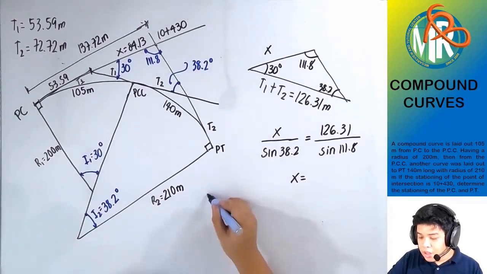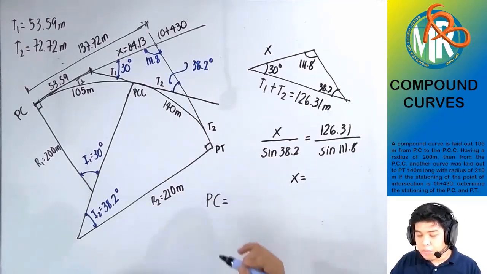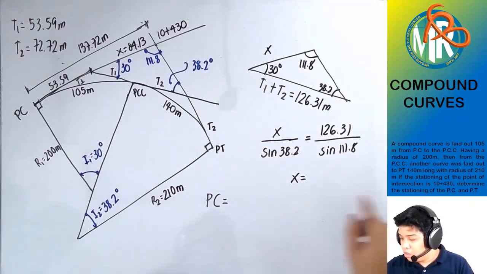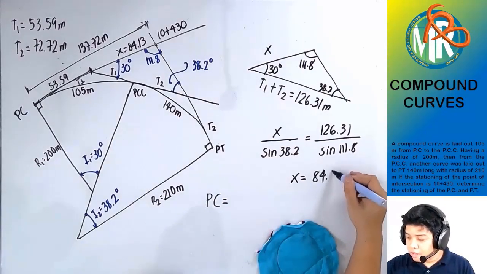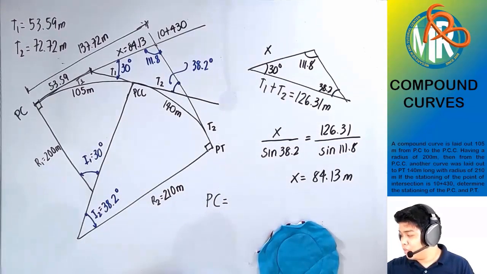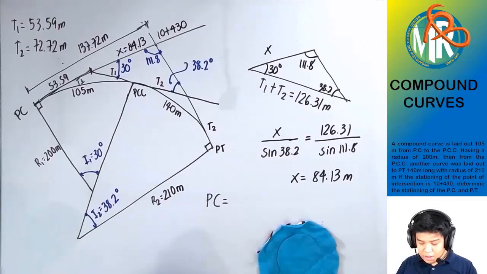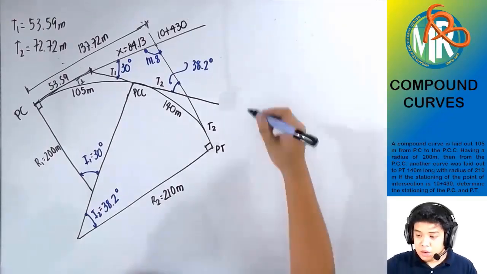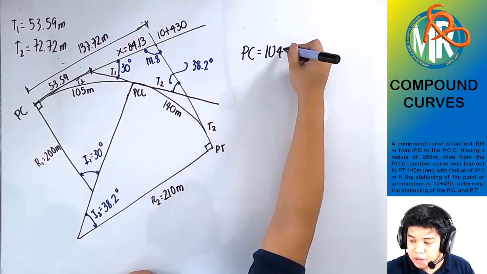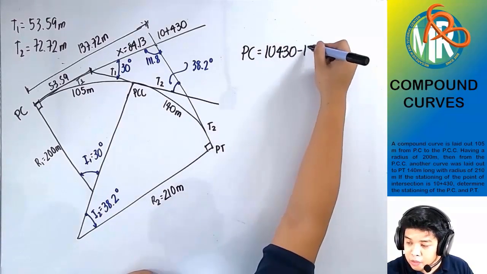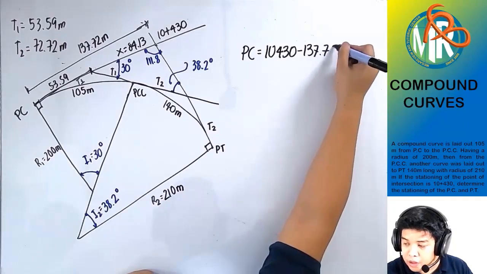Makukuha na natin yung mga stationing. Say for example for PC. Erase ko na lang to, sorry po, hindi ko nasulat: 84.13 meters to. Ayan po. So for PC, that is 10,430 minus 137.72.